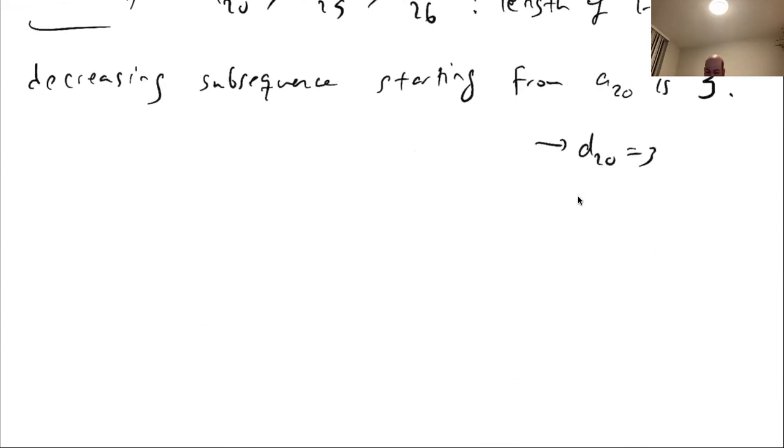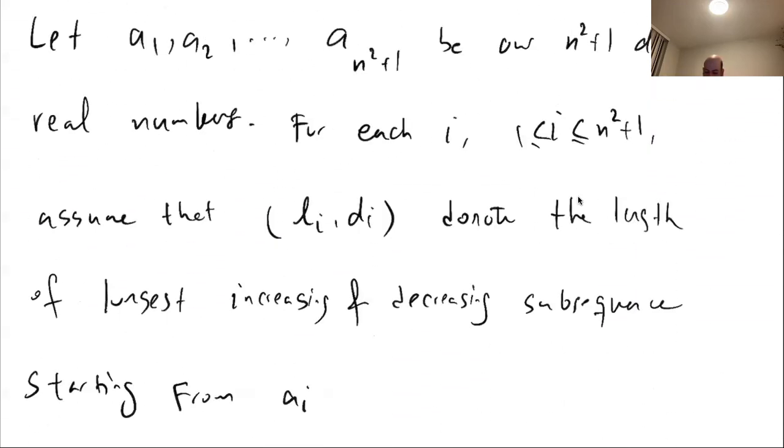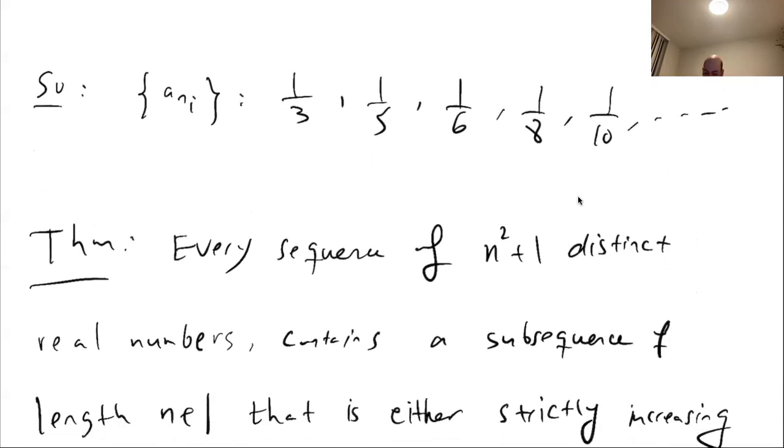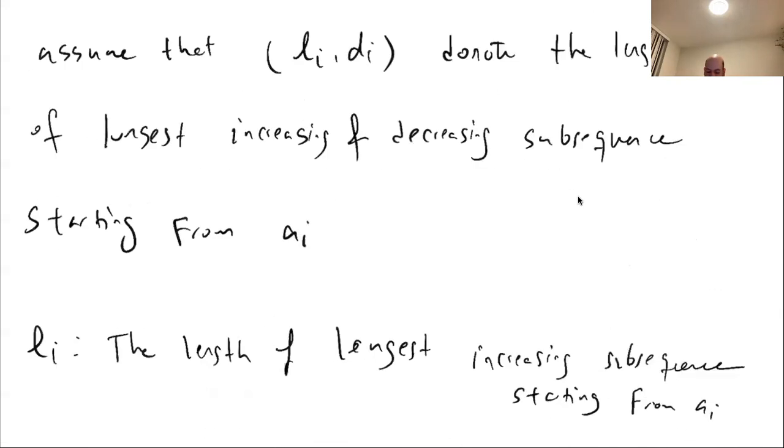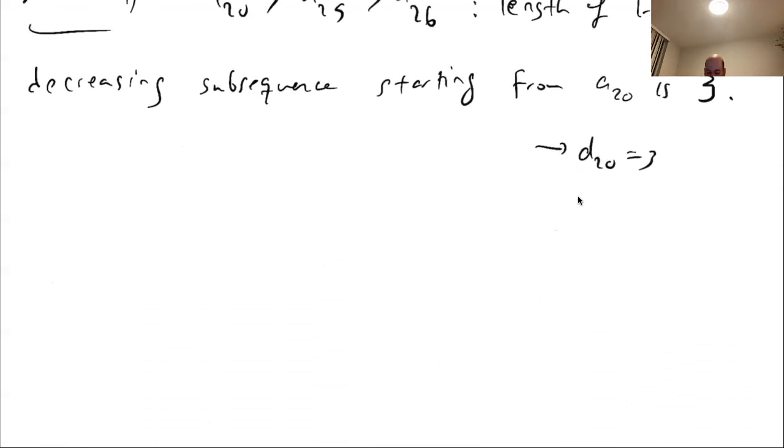Now I want to show that there is at least one subsequence of length n plus 1 that is either increasing or decreasing. So I want to do a proof by contradiction.